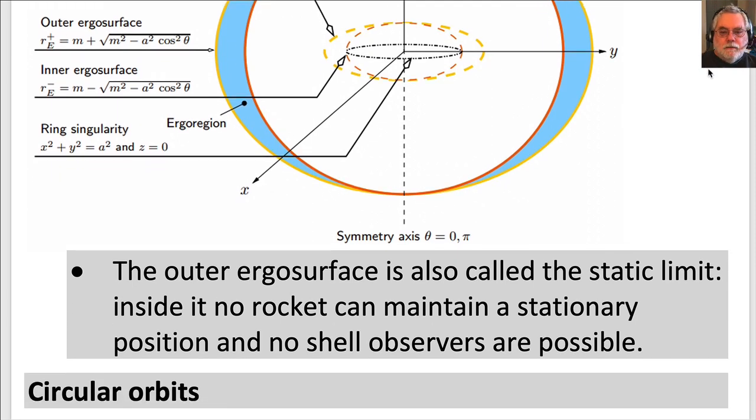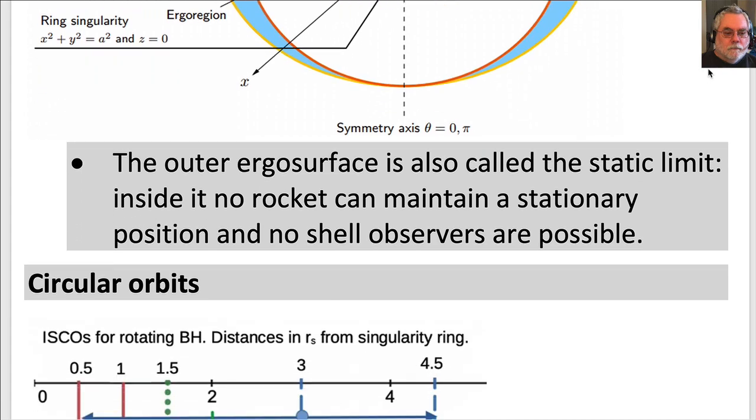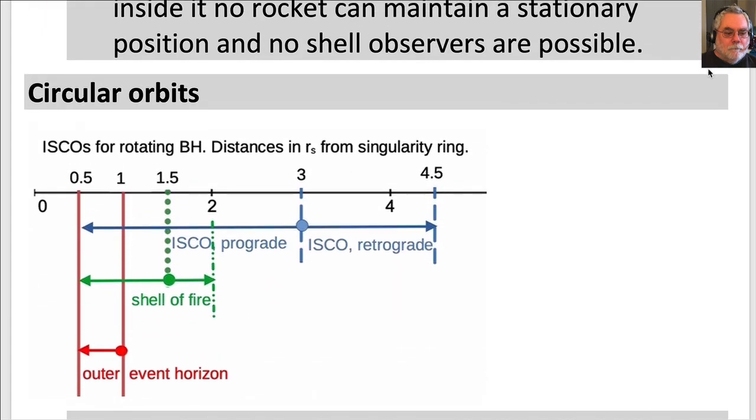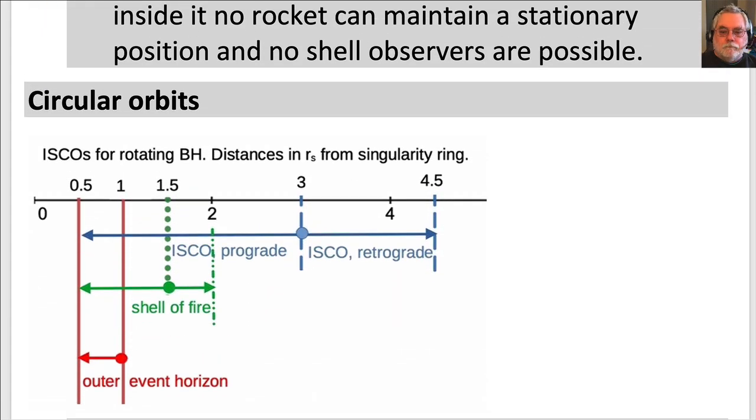Circular orbits of a rotating black hole. In this diagram, the horizontal axis is distance from the singularity ring at the left. Singularity ring is here. This is distance in Schwarzschild radii.